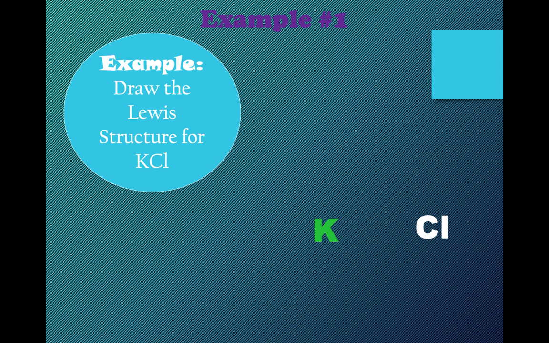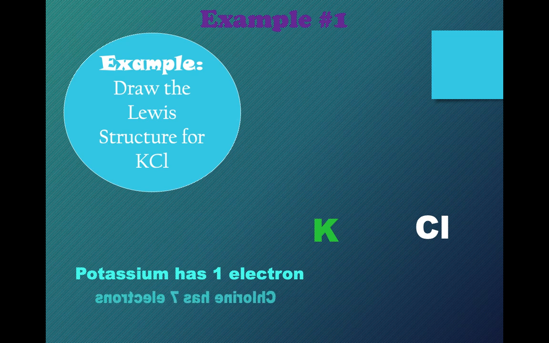So the first step is how many valence electrons. You need to find potassium, K, on the periodic table. It's in group 1, so it has 1 dot. Chlorine is in group 7, so it's going to have 7 electrons. So we put our dots on.